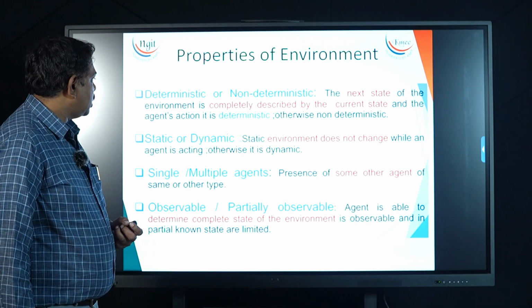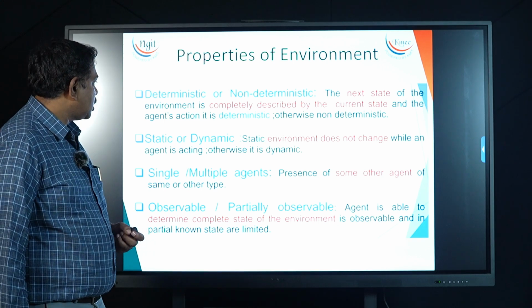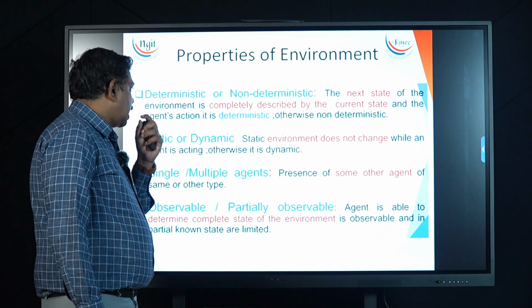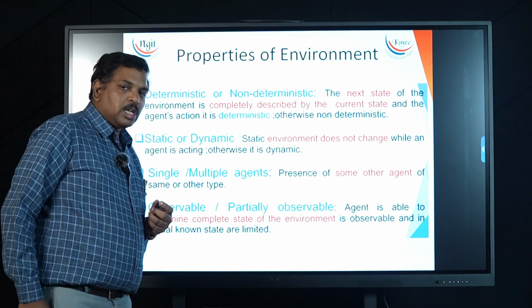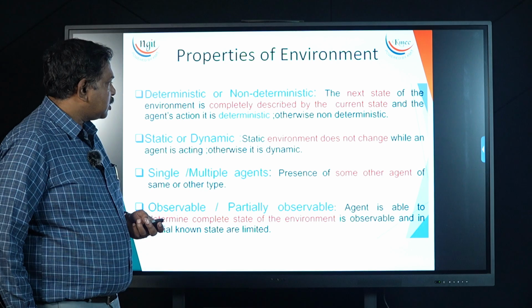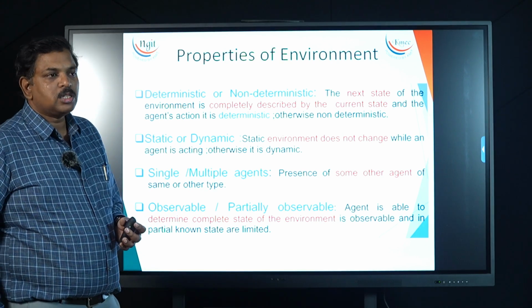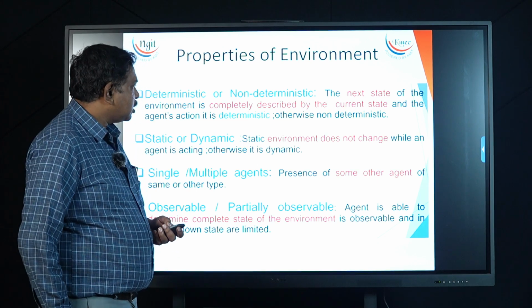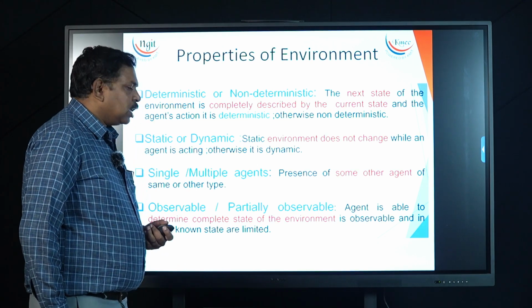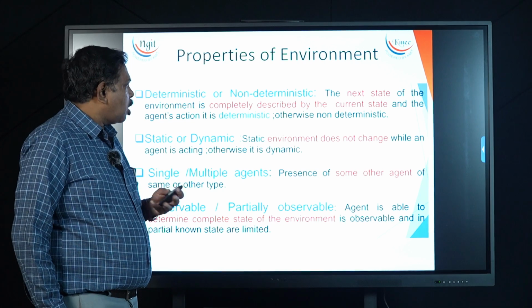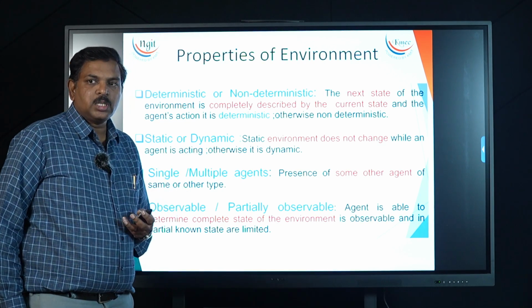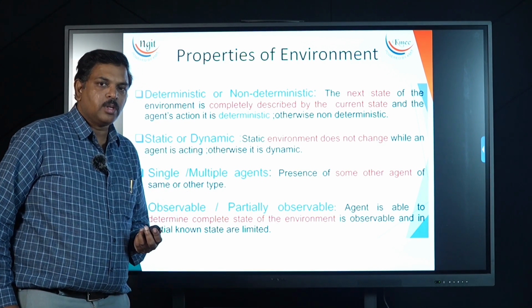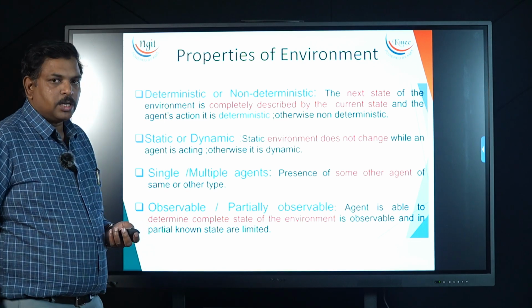The second nature of the environment is that environments are either static or dynamic. A static environment means the environment does not change. An AI agent is working in an environment that is static, which means that however many times the agent works in that environment, it always expects the same kind of presence of that environment.